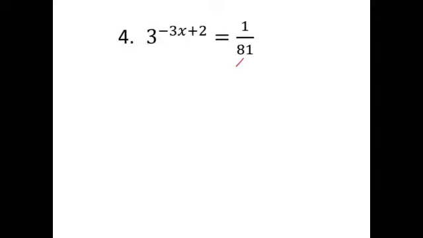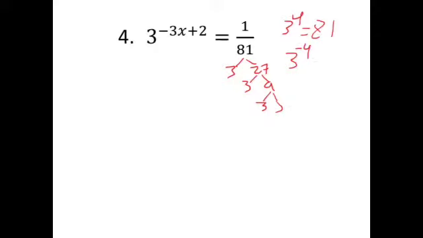Well, 81 can be split up. If you divide by 3, you'll get 27. And you divide that by 3, you'll get 9. And divide that by 3, you get 3 again. So we have 3 to the 4th power gives me 81. And so 3 to the negative 4th power would give me 1 over 81.